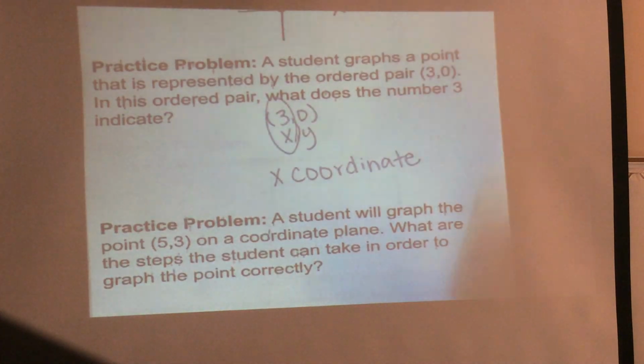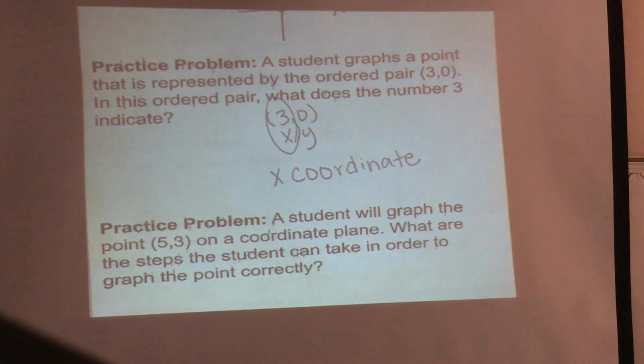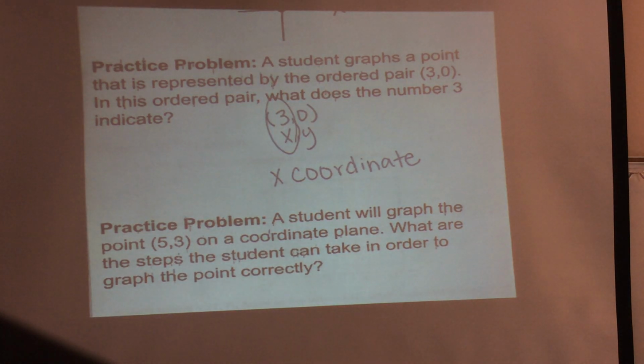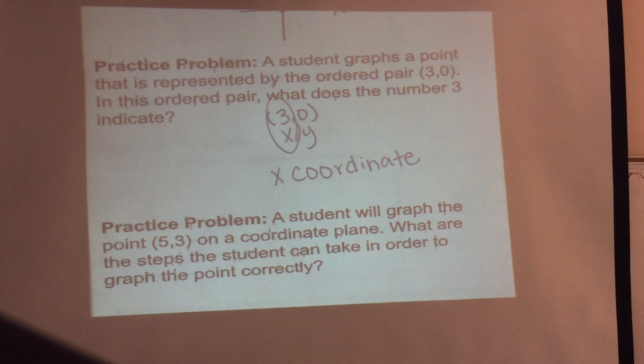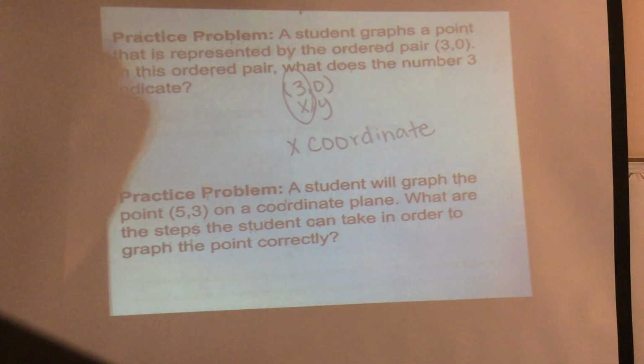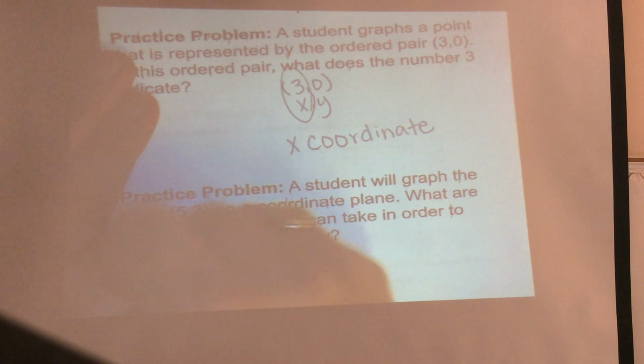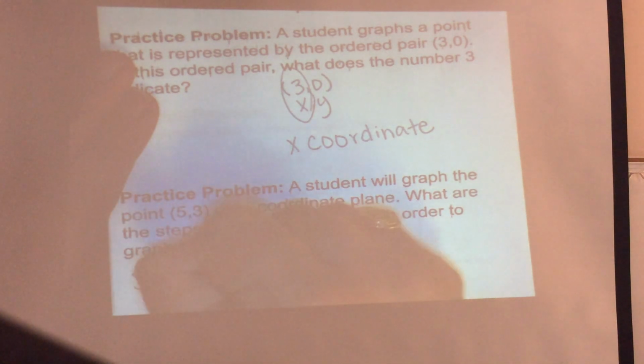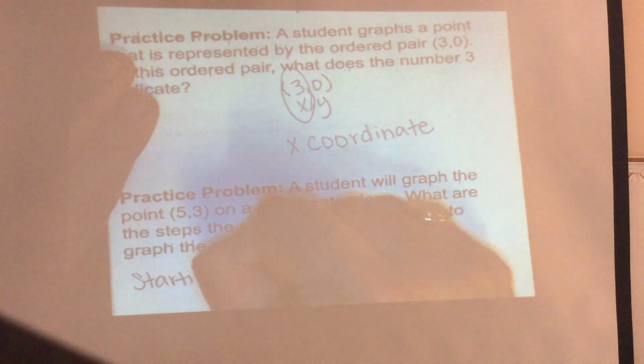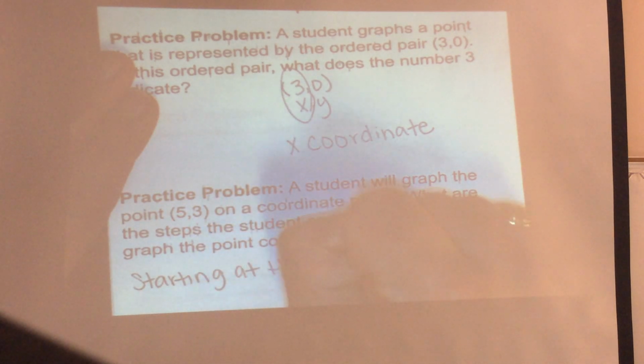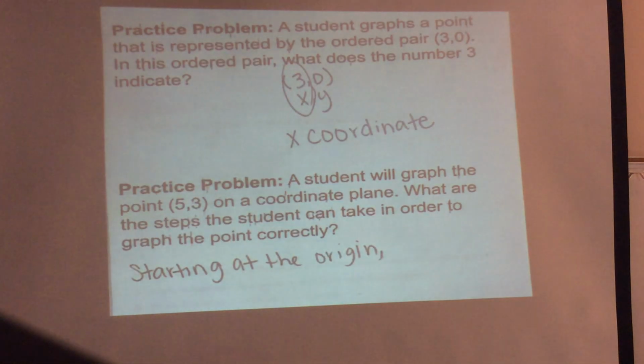Next one. A student will graph the point 5, 3 on a coordinate plane. What are the steps the students can take in order to graph the point correctly? Remember, when we are graphing on a coordinate plane, we are always starting at the origin. If you did not include that in your directions to get to the ordered pair, please add that right now.